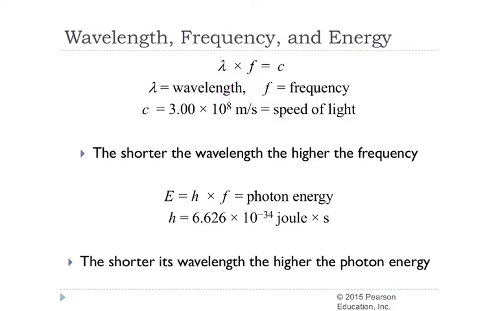And we see that here as well with the energy. Here h is going to be a constant. So the shorter the wavelength, the higher the frequency will go. So that will go up. And then if we're multiplying, that means the energy will also go up as well.